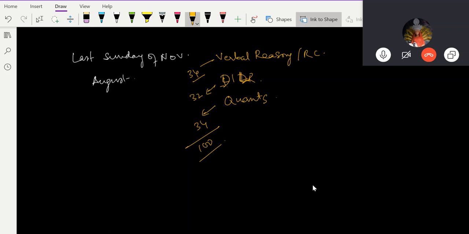Each question carries plus 3 marks and minus 1. Now this minus 1 is there for almost, I would say, 85 to 90% of the questions. But there are some questions where there is no negative marking, and each of the sections has those.